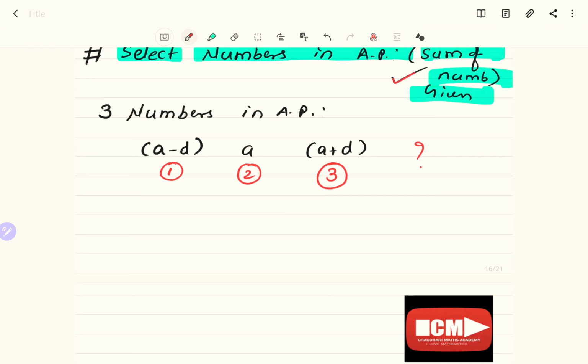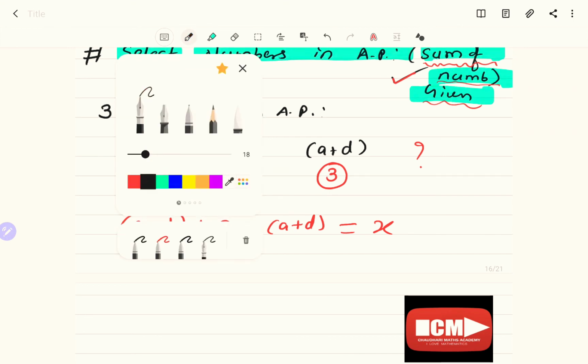The reason lies in this sentence: the sum of numbers is given. So if the sum of the three numbers is given, what will happen if you add all these three numbers? Let's say the sum of these three numbers is given equal to something, x or 10. That will give you an added advantage.